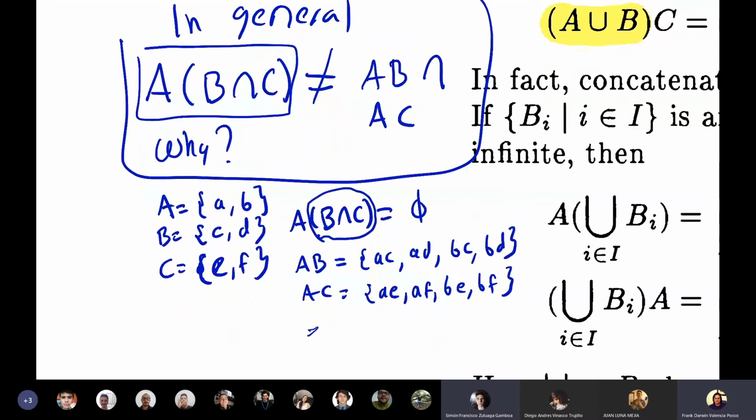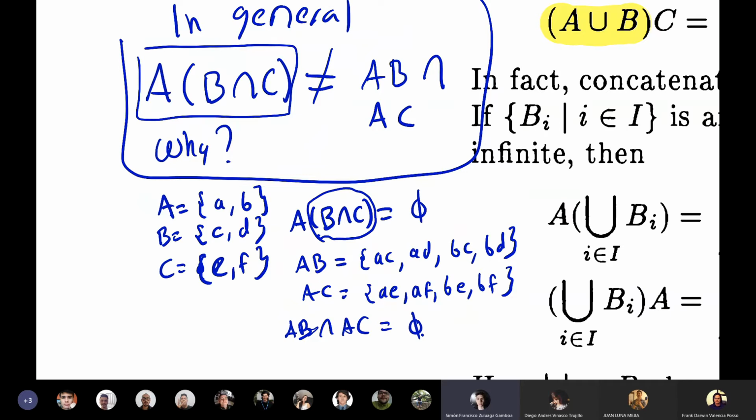So what's the intersection of these two? It's empty. But then it's not a counterexample because they're actually the same. But the first part, A concatenated with B intersection C, is empty.